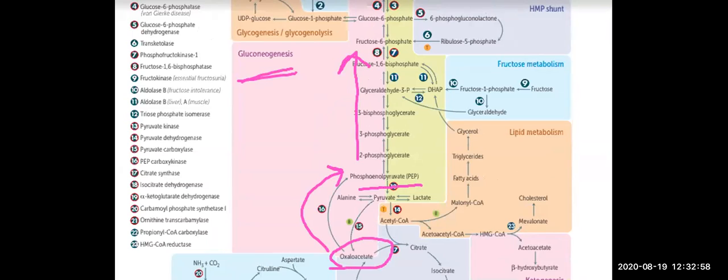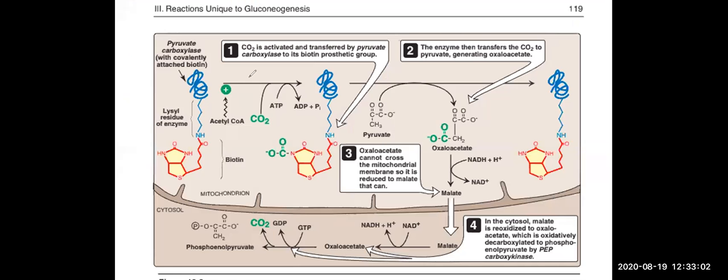So this is about the picture they have drawn here, but I showed you this picture only to make you understand what pyruvate carboxylase is doing and how this reaction is going on.